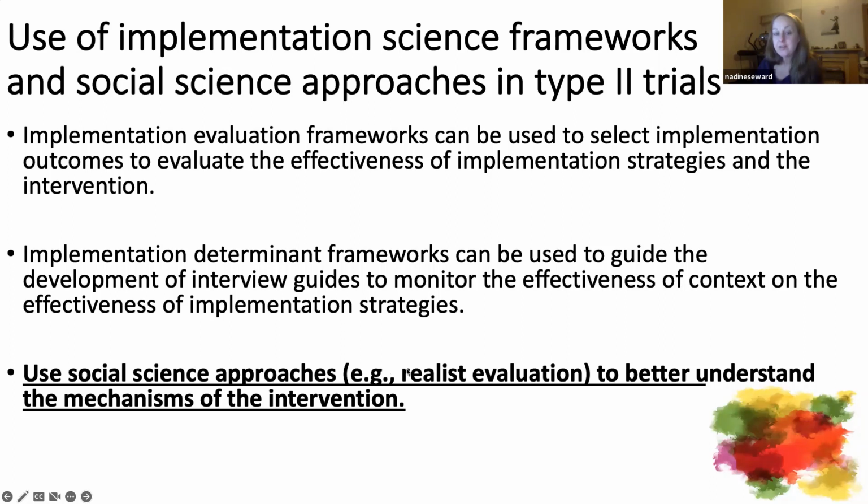And you can also use something called the realist evaluation to better understand the mechanisms of the intervention. But I would try to start, personally, and I haven't seen this documented anywhere, to address mechanisms more carefully and more thoroughly than I did with the type 1, because that can really give ideas about how the intervention is unfolding and how it will play out in the real world.